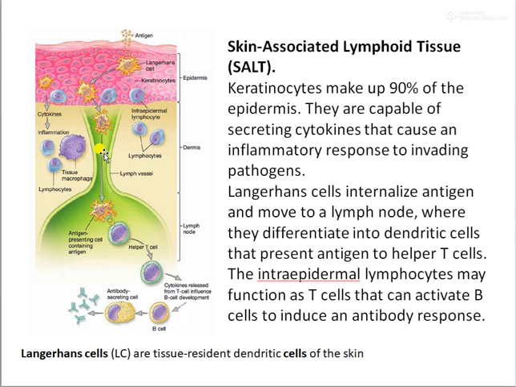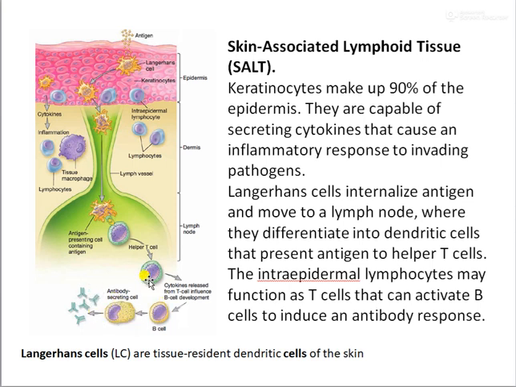The intraepidermal lymphocytes will function as T cells and activate the B cells to induce an antibody response also. So you have the antigen presenting dendritic cell, which presents to the T helper cell, and the T helper cell will in turn react with the B cell, and the B cell will produce an antibody response.